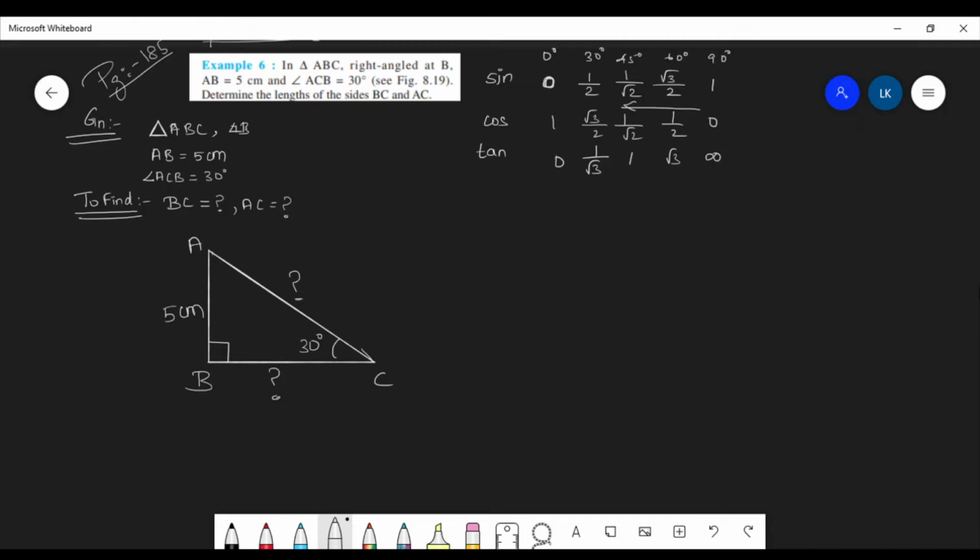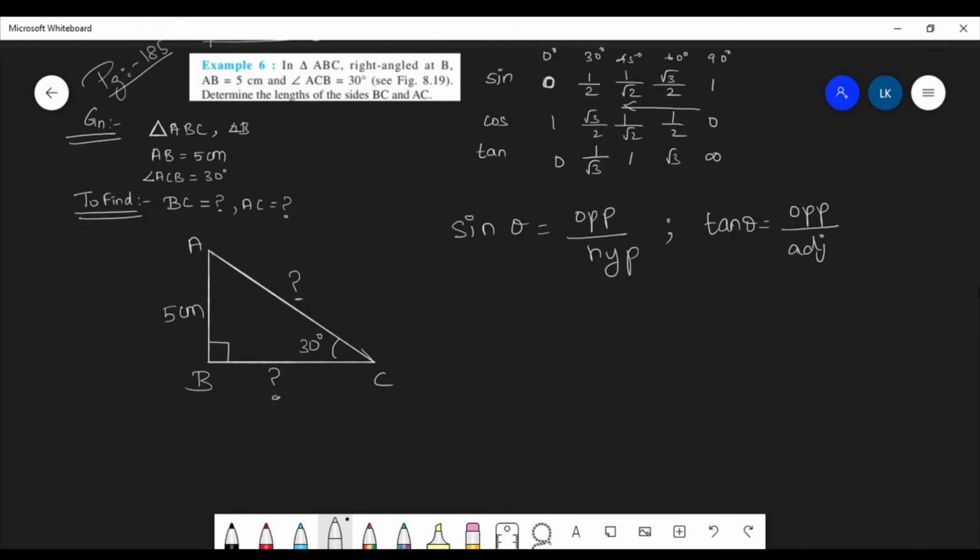Okay, and we know that sine theta is nothing but opposite side by hypotenuse, and tan theta is nothing but opposite side by adjacent side. Okay, we are going to use these two trigonometric ratios to find the other two sides BC and AC.